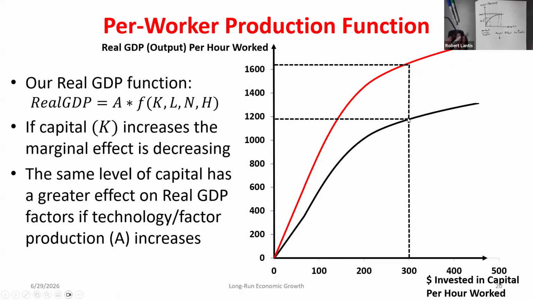So that's the same idea, just looking at it a little bit differently. You can say it two ways. When I have technology improvements, the same capital investment is going to lead to higher levels of output, or if my total factor productivity is higher, to get the same output, I can put less in the capital.